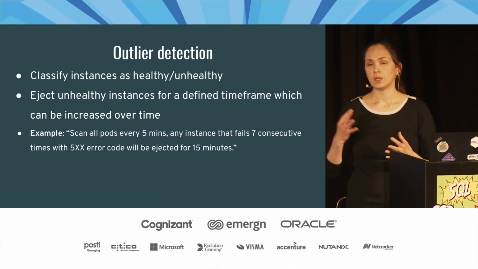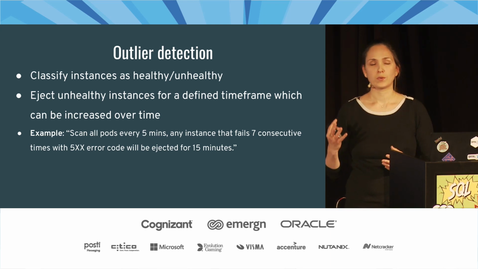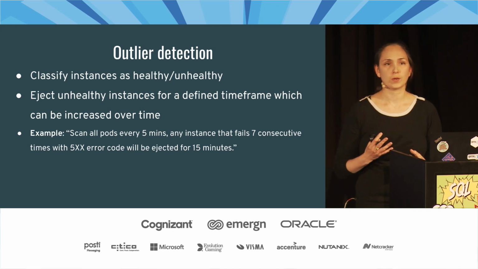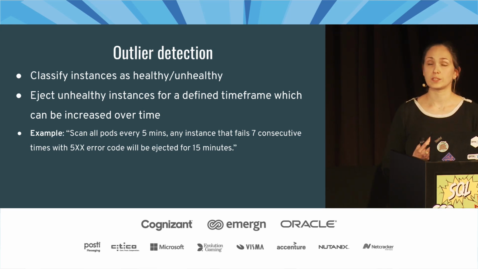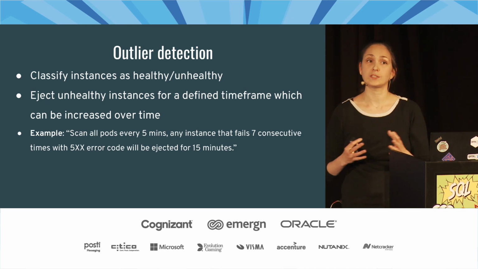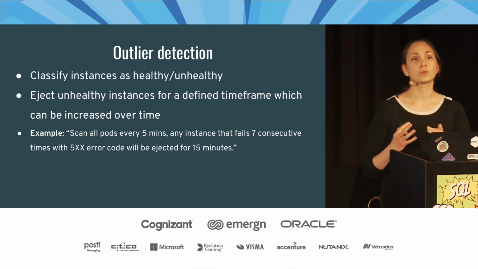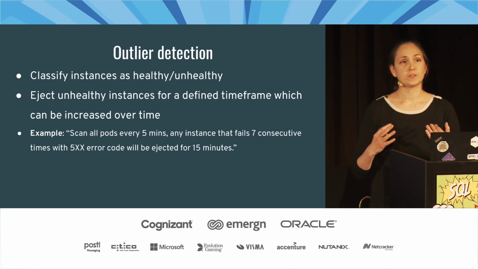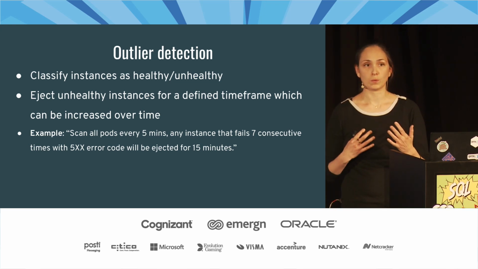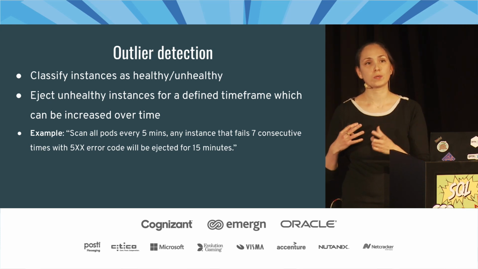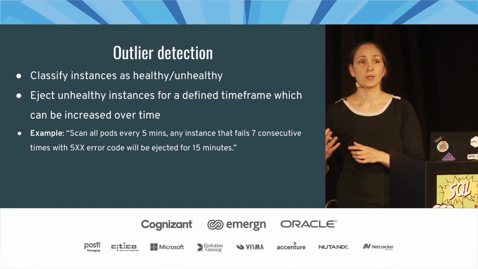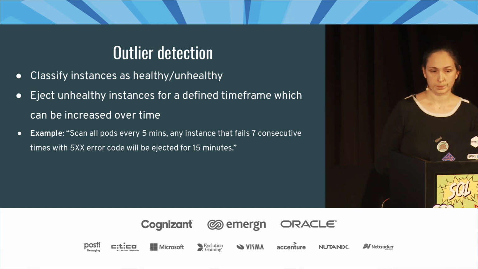For example, if some instance returned 500 errors over 2 minutes, it can be classified as unhealthy. It will be ejected from the pool. It means it still is up, but it's not receiving traffic for the predefined time frame, and then it's returned to the pool. And after a while, it's evaluated whether it should be ejected again or not, and the length of how long it's ejected can be increased over time.